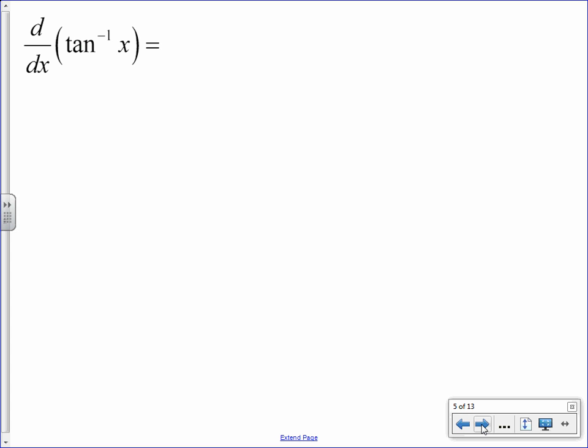I know some of you care and some of you don't, but I do think it's important for me to show you why these rules are what they are. So I will tell you that our rule is 1 over x squared plus 1.